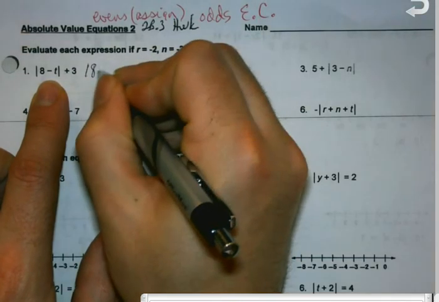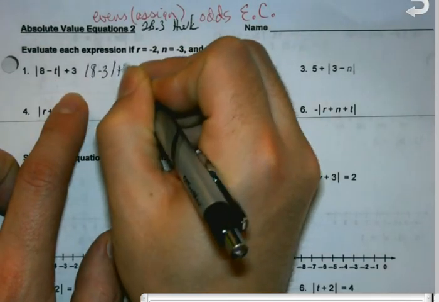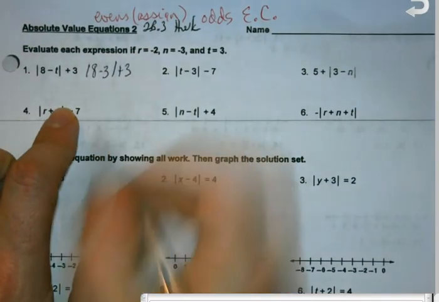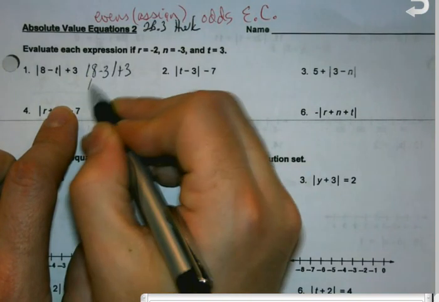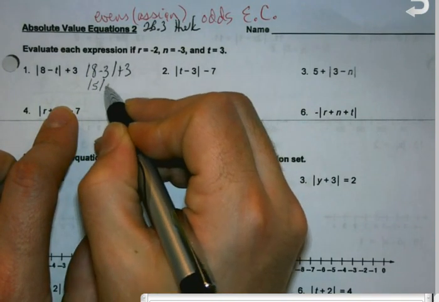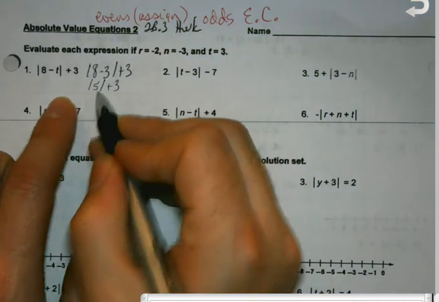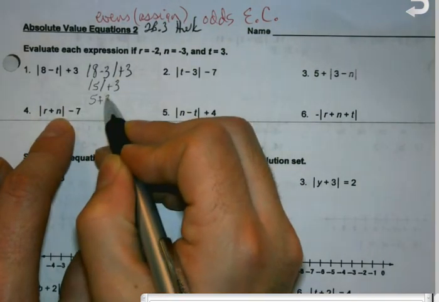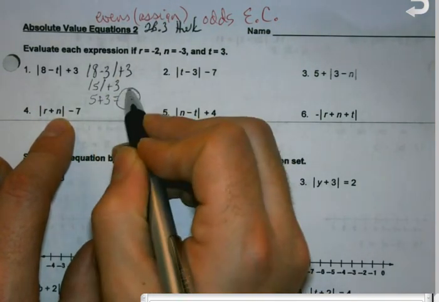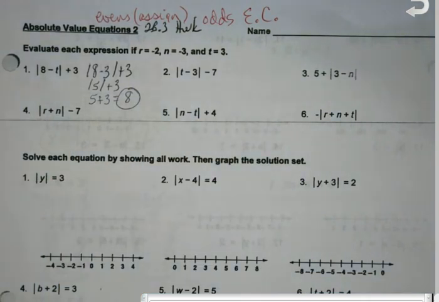So I just substitute t-value in. 8 minus 3 is 5. The absolute value of 5. So I'm just substituting, simplifying what's inside the bars, and then just adding and subtracting them up.